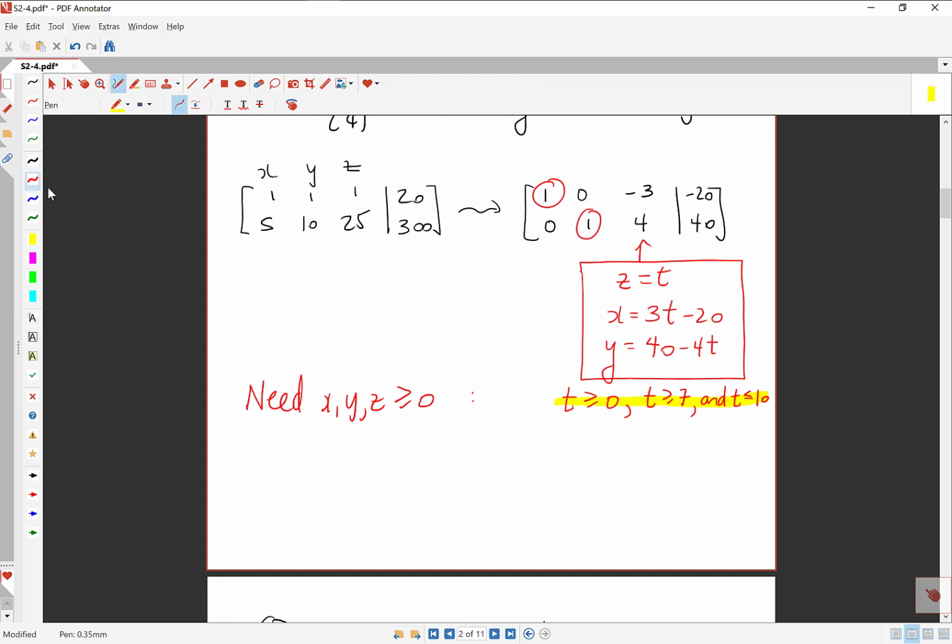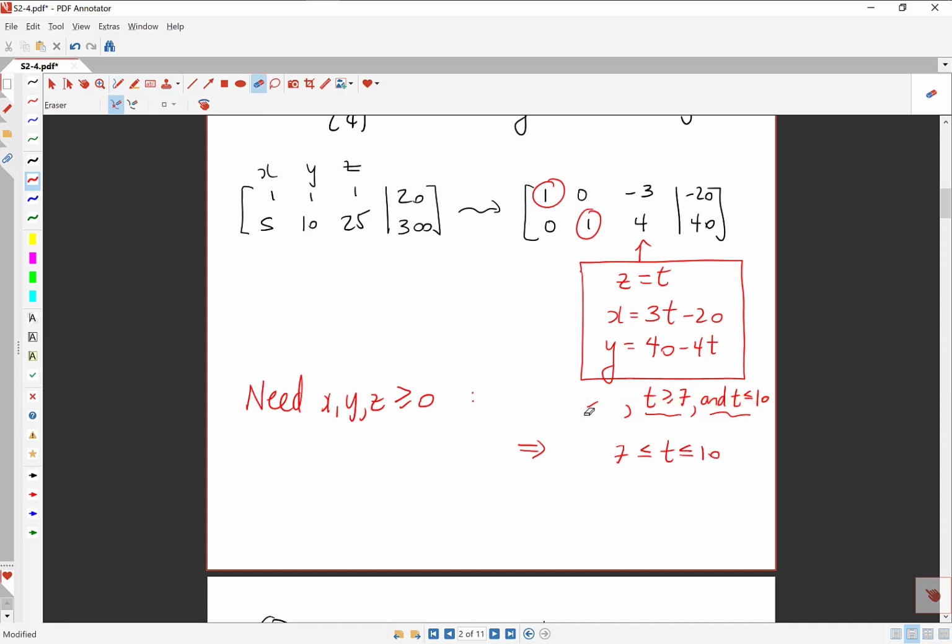And what we want to do is take the intersection of these restrictions. So for example, if you look at t at least 0 and t at least 7, t at least 7 covers both of those cases. So that's the intersection of those two. And we also need t to be at most 10. So taking the intersection of the 3 tells us that t has to be somewhere between 7 and 10.